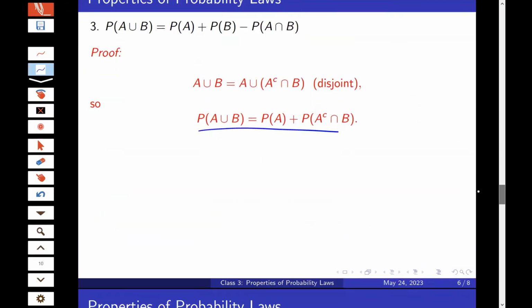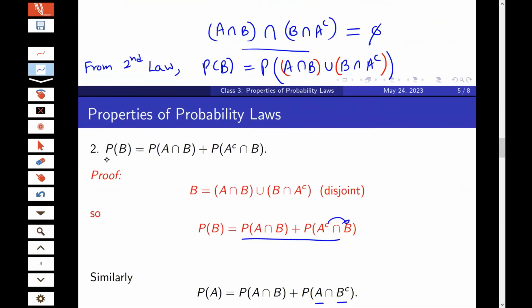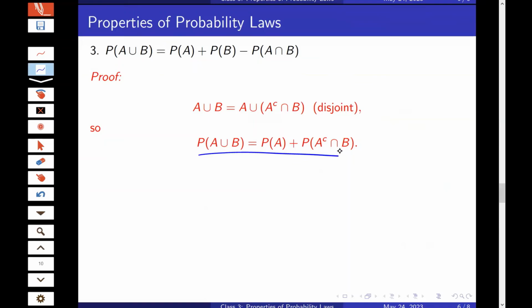Now can you remember the previous results? In this result, when you have A complement intersection B, I will write down the results first.